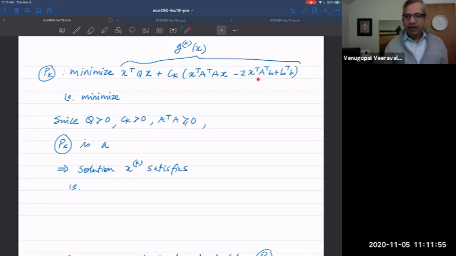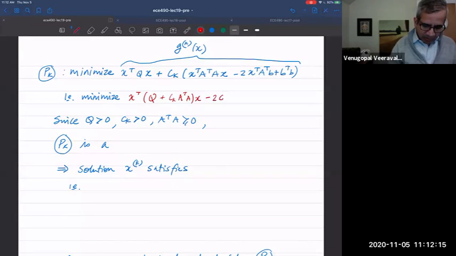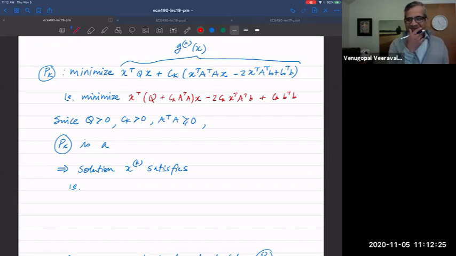I've rewritten it in this form with CK included there. So this is the same as minimizing this quadratic x transpose Q x plus CK x transpose A transpose A x minus 2 CK x transpose A transpose B plus CK B transpose B. Now if you look at this matrix here, Q is positive definite, CK is positive, A transpose A is positive semi-definite.